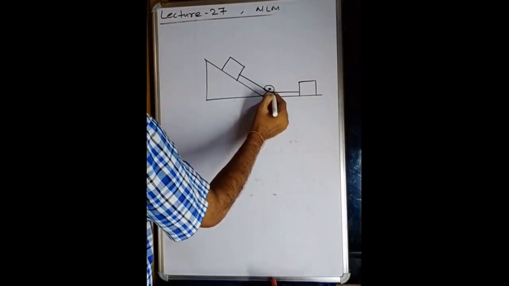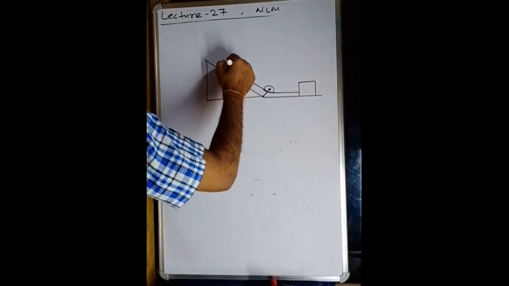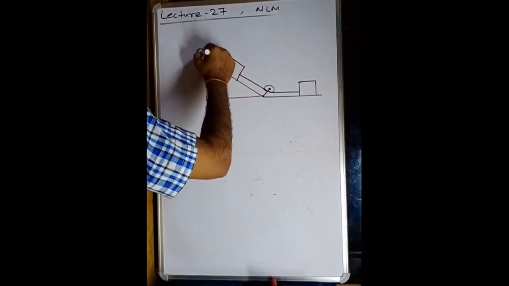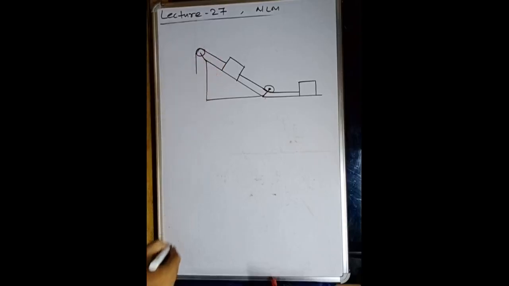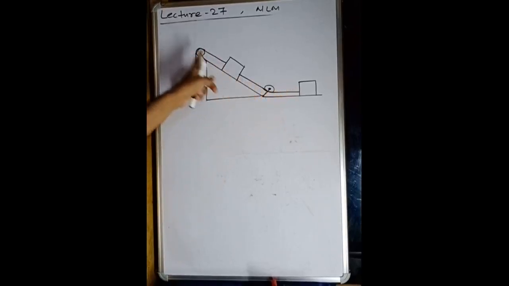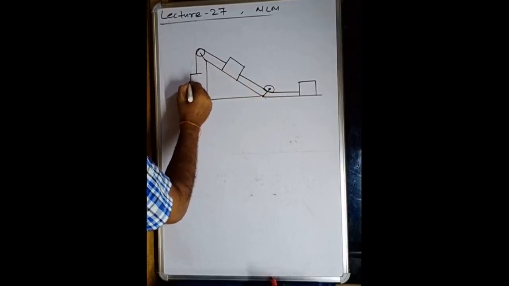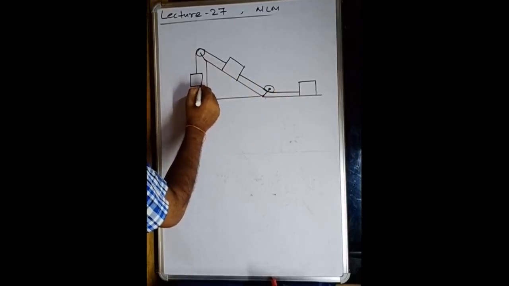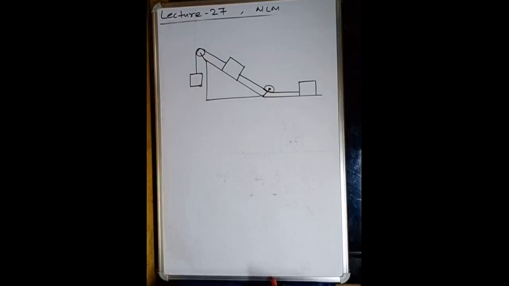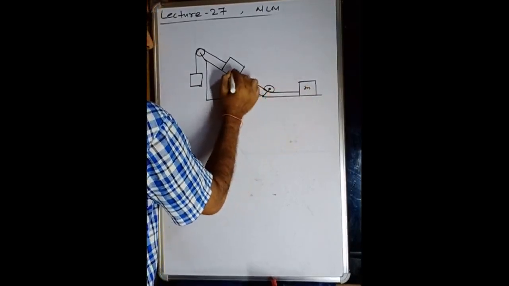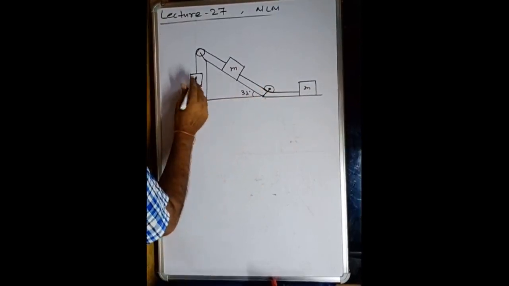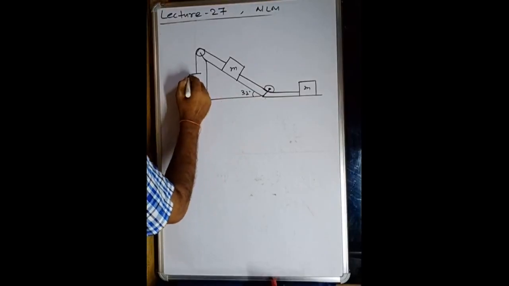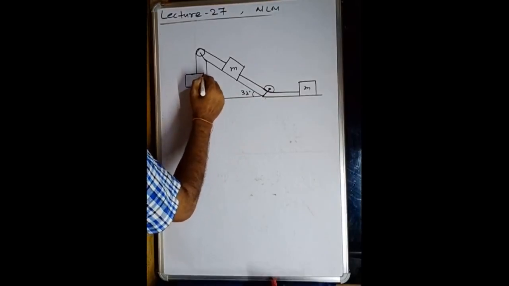This is the pulley. Okay. And this is the string going to this one. Here, let me write the mass M, 37 degree, and it is 5M.